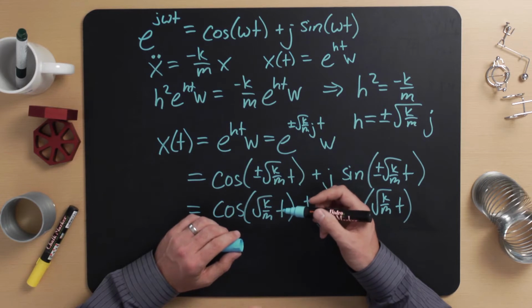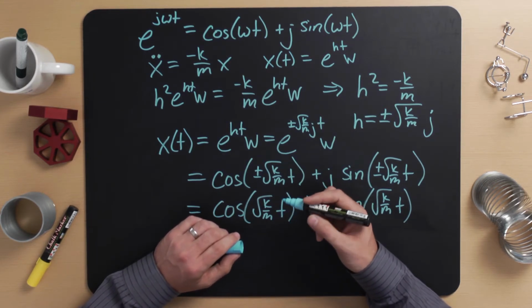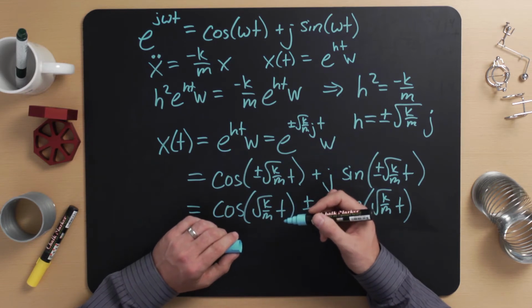This means we have two possible equations, one with a positive sign and one with a negative sign. Also, this equation still involves j, which we would like to get rid of because x and v are the state variables, and x and v do not involve imaginary numbers.